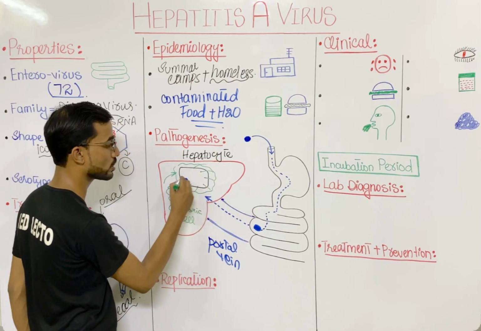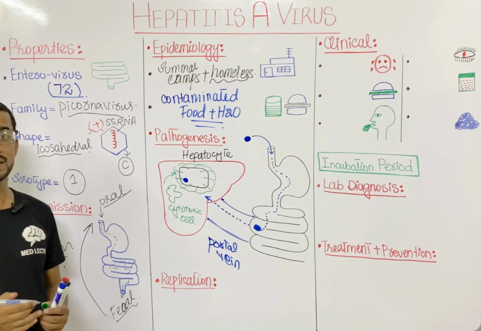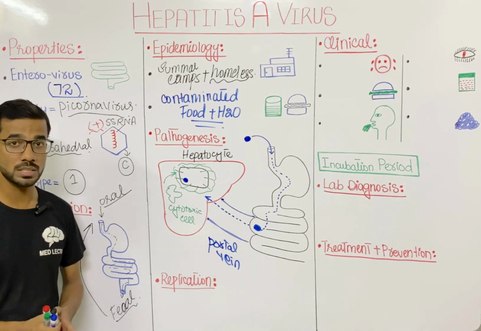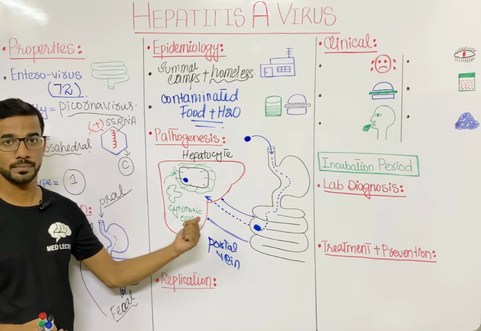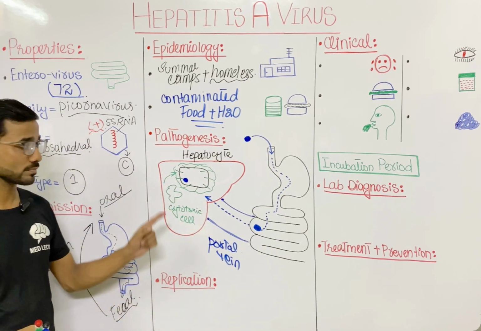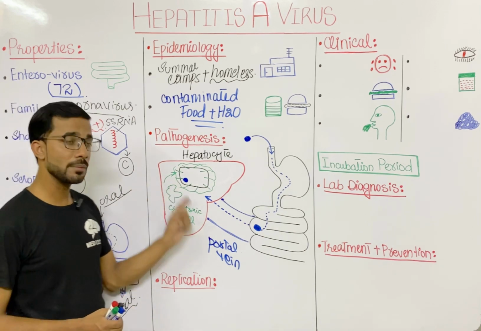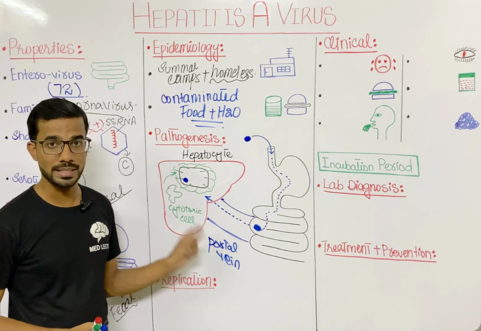Now here is the destruction of the hepatocyte. So it means that our immune system destroys the infected hepatocyte. That's the most important thing. And ultimately you will see the hepatitis in this case.